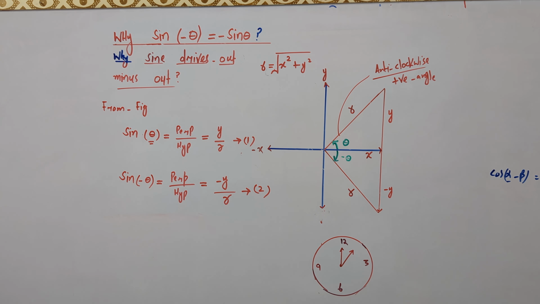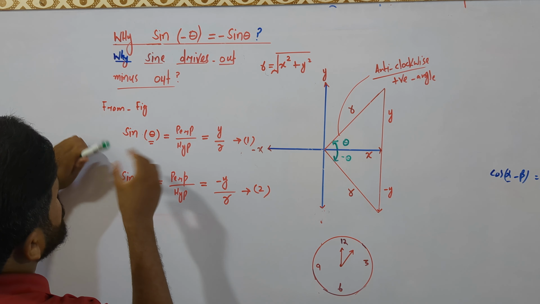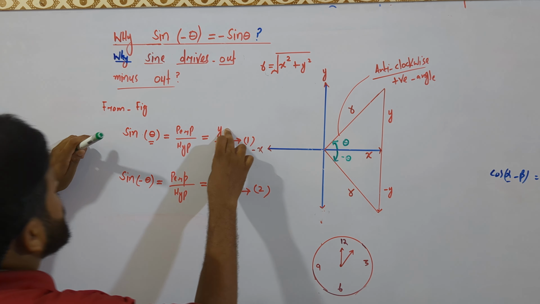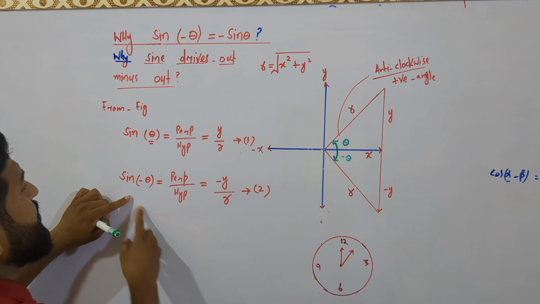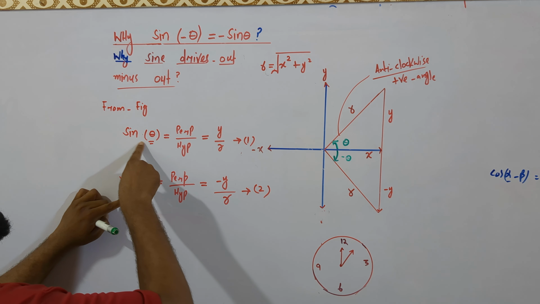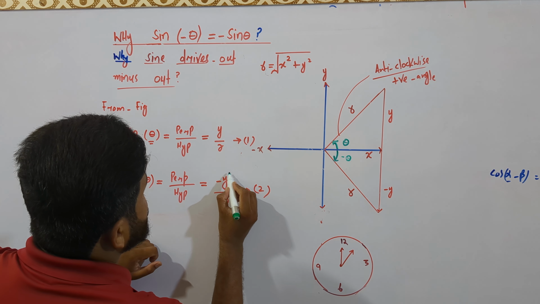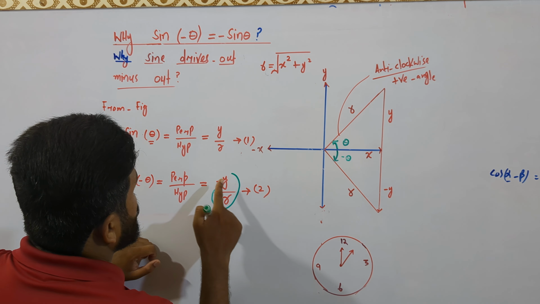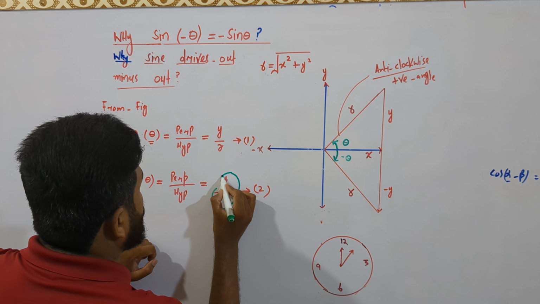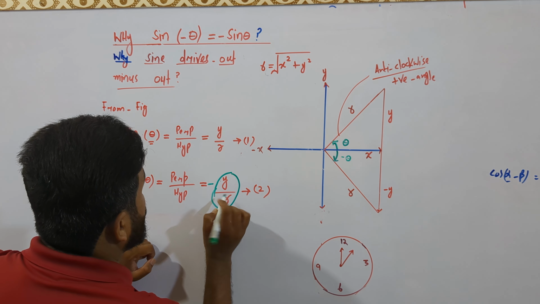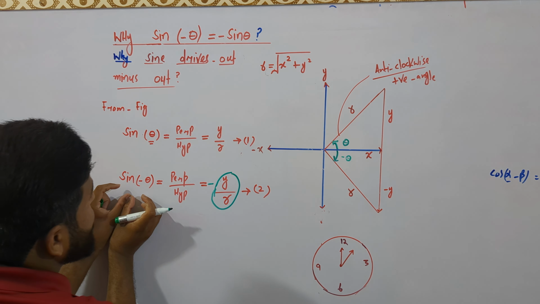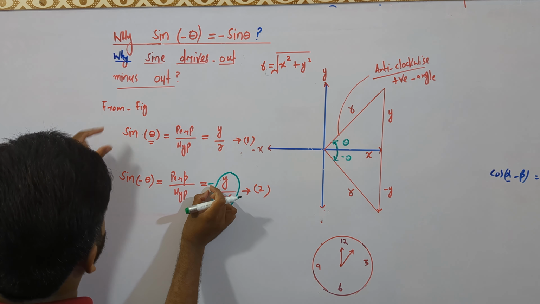Lastly, what we noticed is that the result of sine theta is y over r, and the result of sine minus theta is the negative of sine theta. It simply means that the result of sine minus theta is the negative of the result of sine theta.